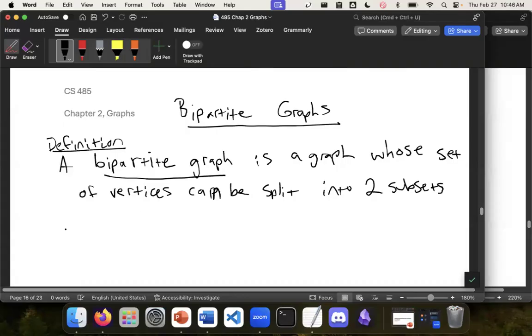And we typically call them A and B or X and Y or some capital letter to denote that these are 2 sets of vertices.